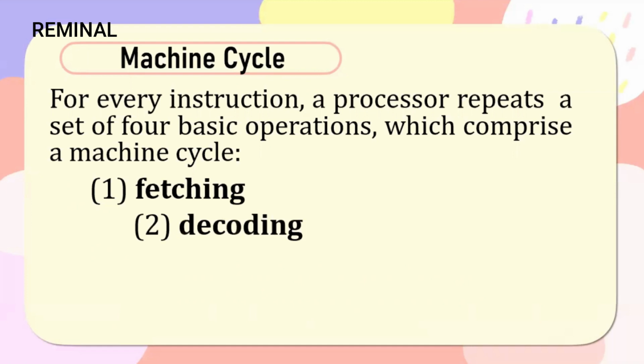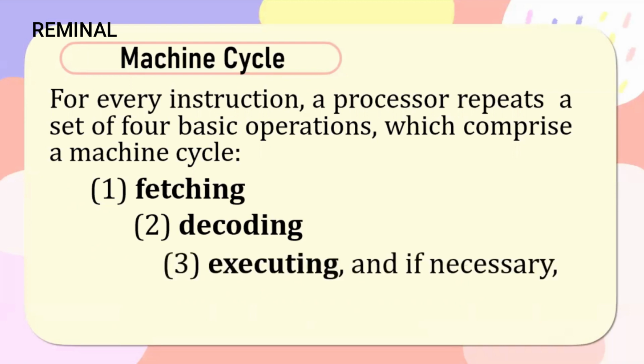Second, decoding. That refers to the process of translating the instruction into signals the computer can execute. Third, executing, that process of carrying out the commands. And if necessary, the last, storing, that means writing the result to memory.